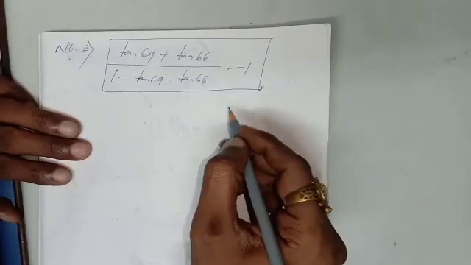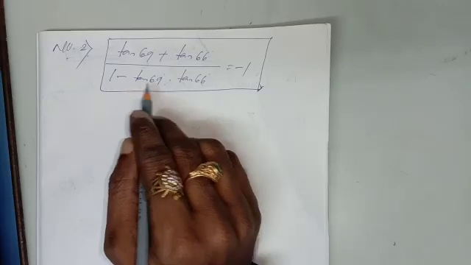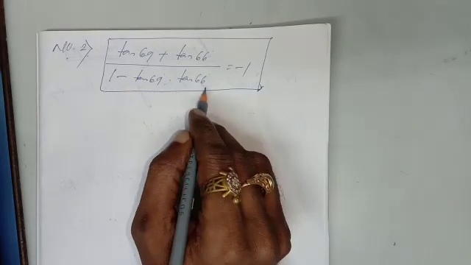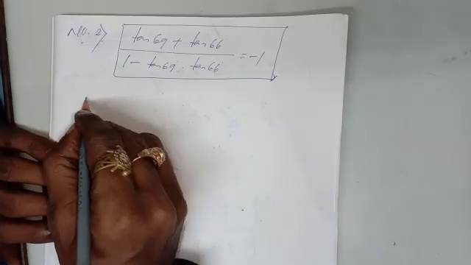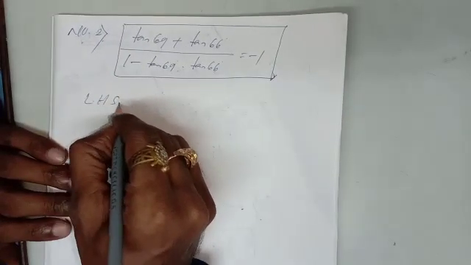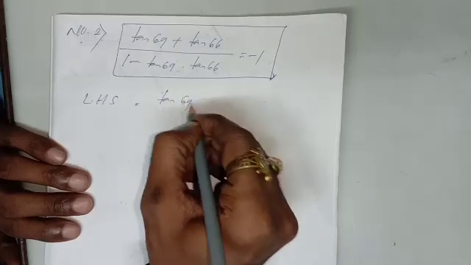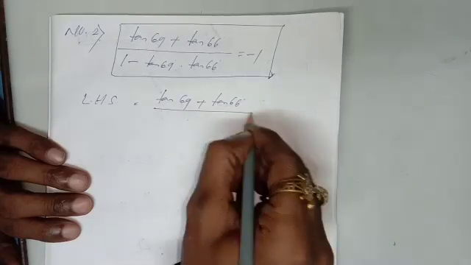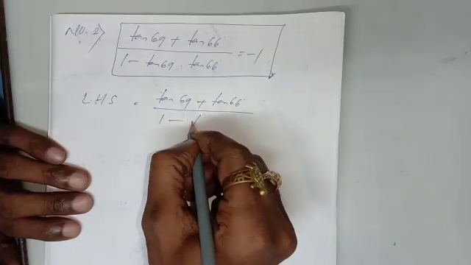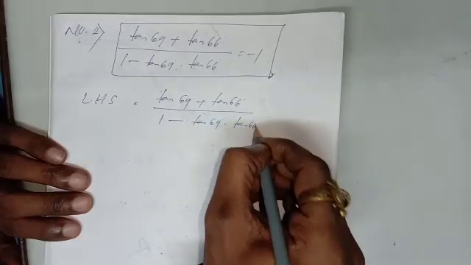First of all, you have to copy the left hand side of what is given here. Very important question. This is tan 69 plus tan 66 degree divided by 1 minus tan 69 into tan 66.